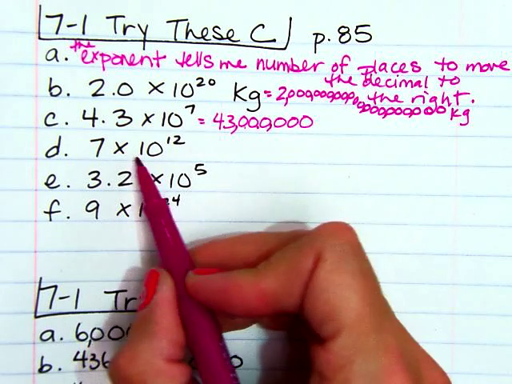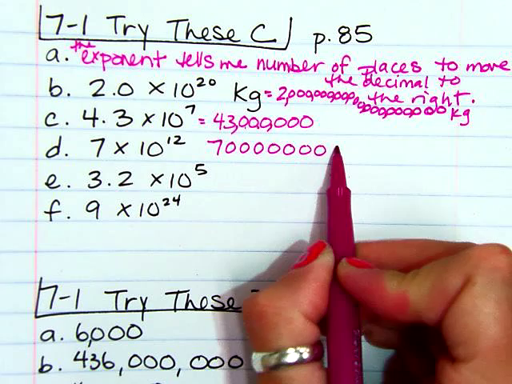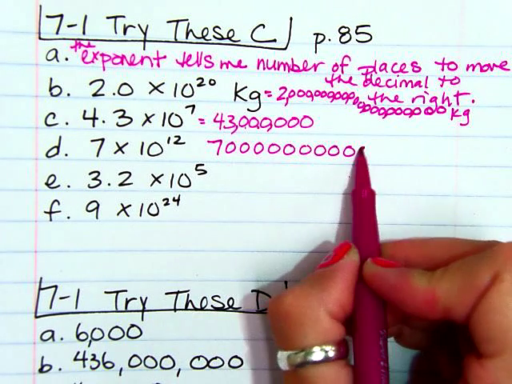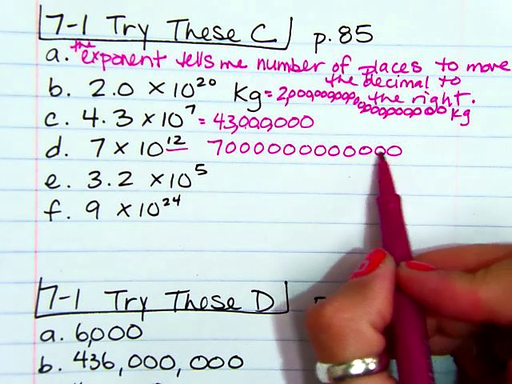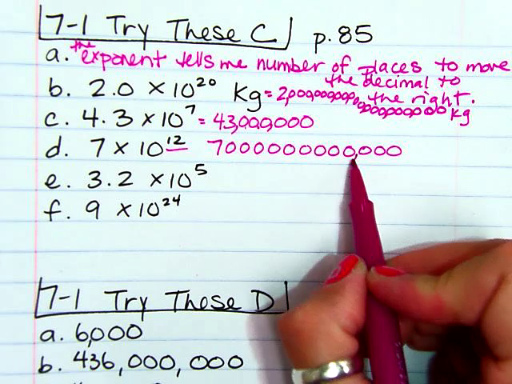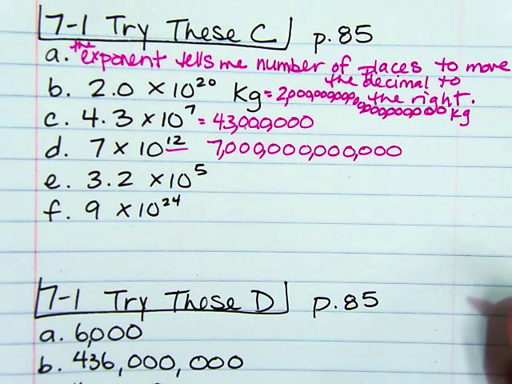Now this one doesn't have any places after it, so I can add 7 zeros. I'm sorry, 12 zeros. I said 7 from the previous one, but 12 zeros. 1, 2, 3, 4, 5, 6, 7, 8, 9, 10, 11, 12. And that's my new number.